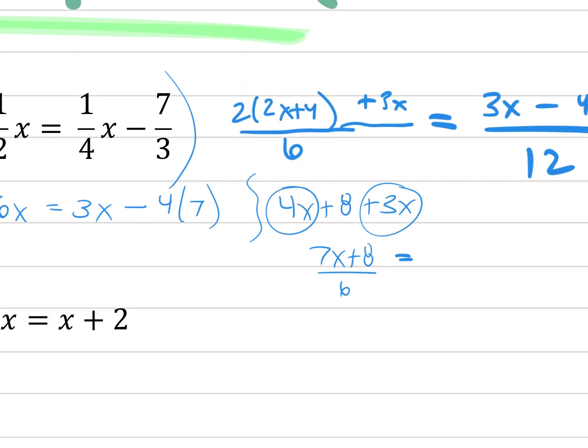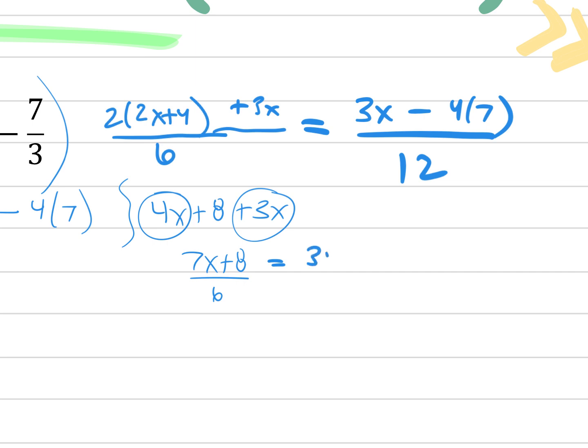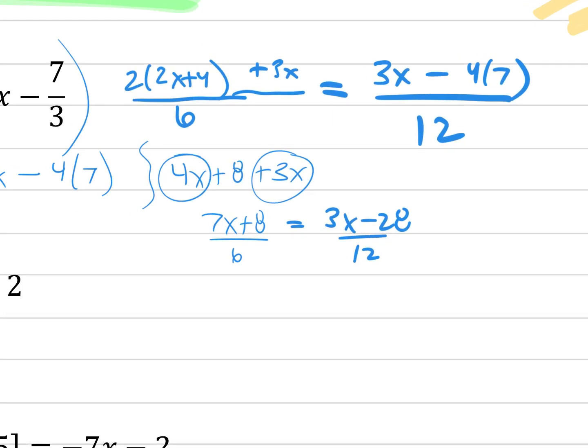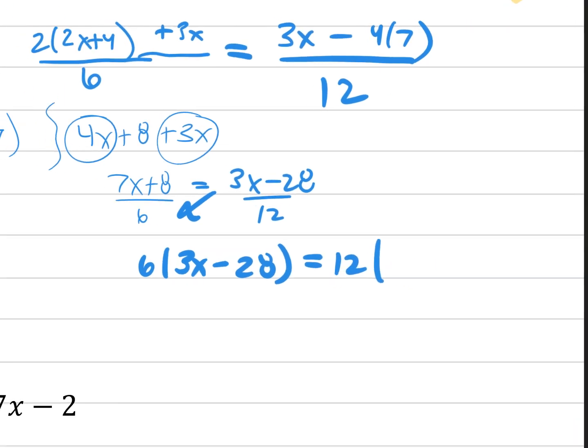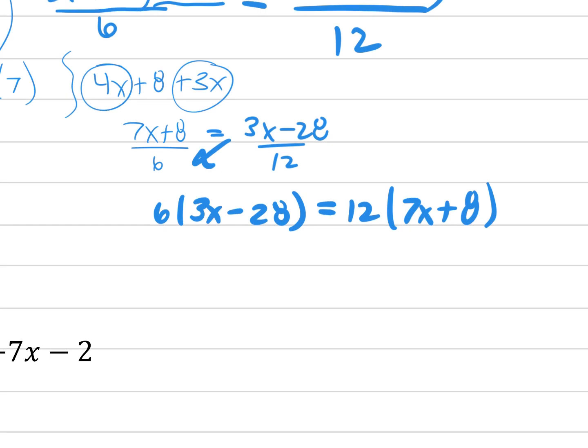And then over here I have 3x minus 28 over 12. Do I have a fraction equal to a fraction? Yeah. So what can I do? Cross multiply. So 6 times 3x minus 28 equals 12 times 7x plus 8. Everybody with me?